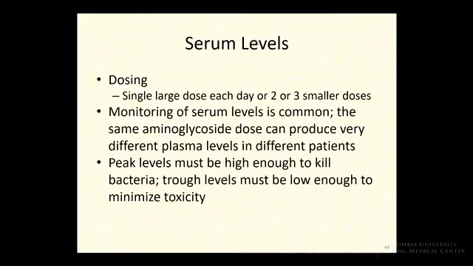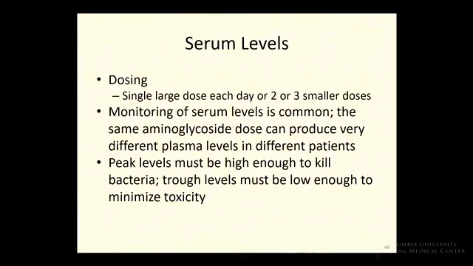Okay, and then aminoglycosides, we're going to be very careful with the serum levels. So you're going to give either a single large dose every day or 2 to 3 smaller doses. Okay? And then the serum levels are going to be monitored, meaning you're going to look for a peak and a trough.